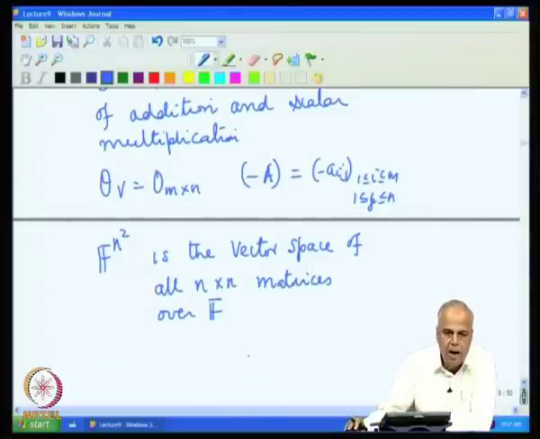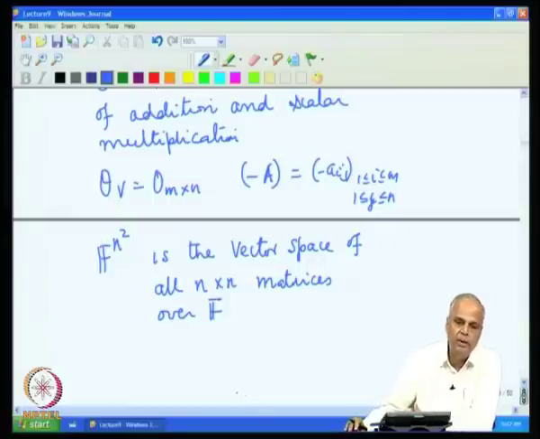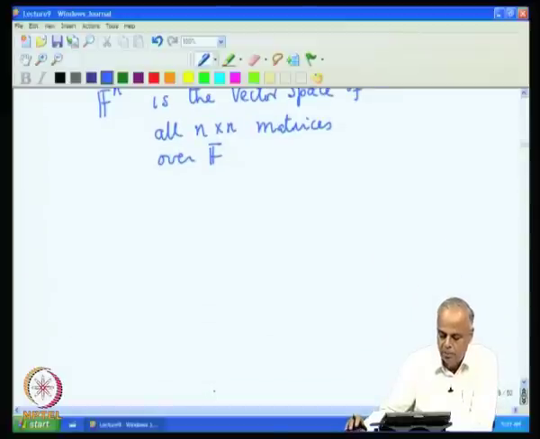The field can be R, the set of real numbers, the field can be C, the field of complex numbers, or the field F can be any general field.